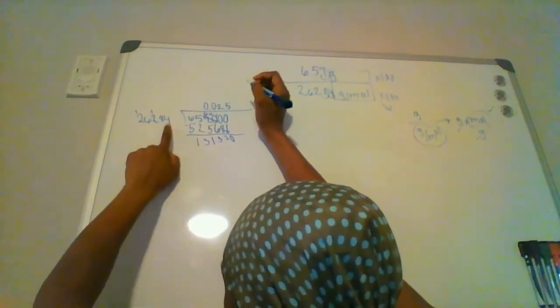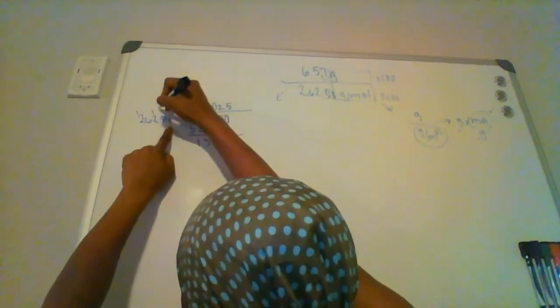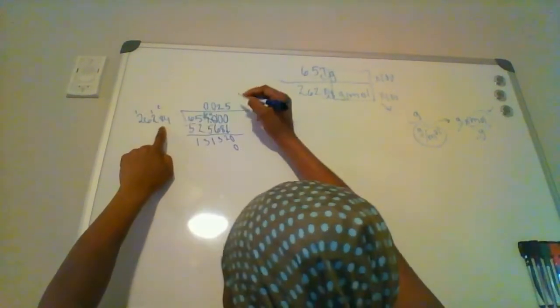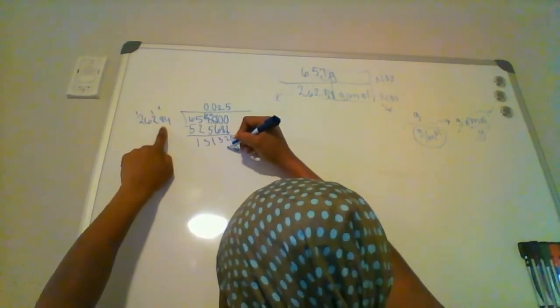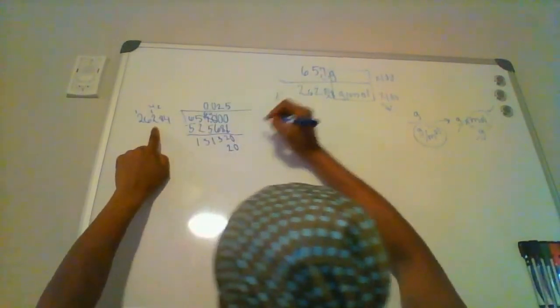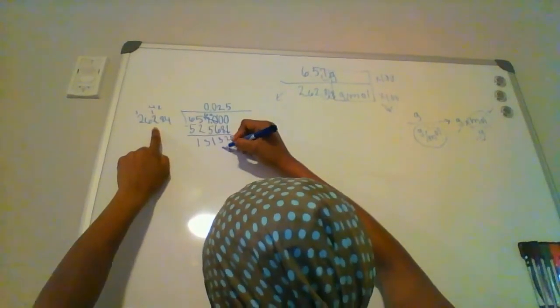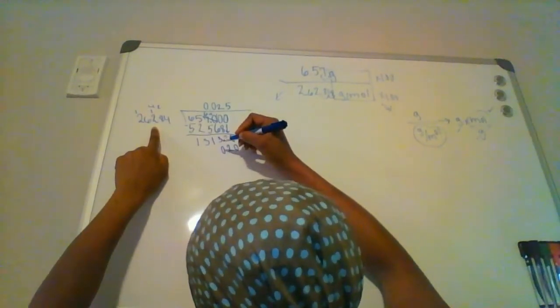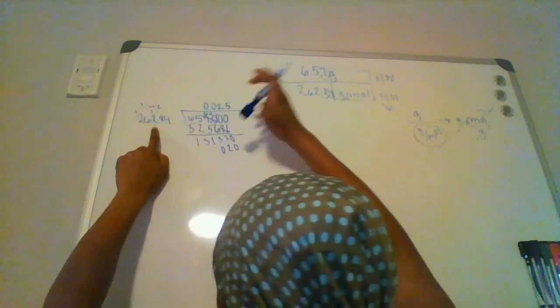So 5 times 4 is 20. Write the 0. Carry the 2. 5 times 8 is 40. Plus 2 is 42. Write the 2. Carry the 4. 5 times 6 is 30 plus 4 is 34.